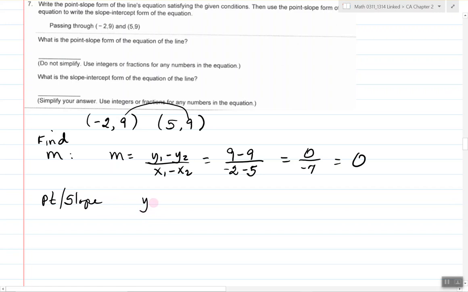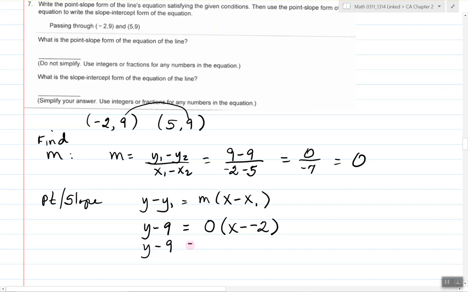So y minus y1 equals m times x minus x1. I'm choosing the first point again. It's y minus 9 is equal to a slope of 0 times x minus negative 2. So y minus 9 is equal to 0 times x plus 2.